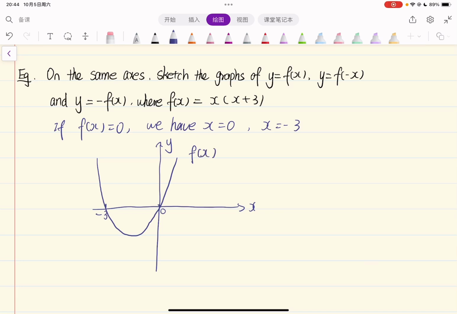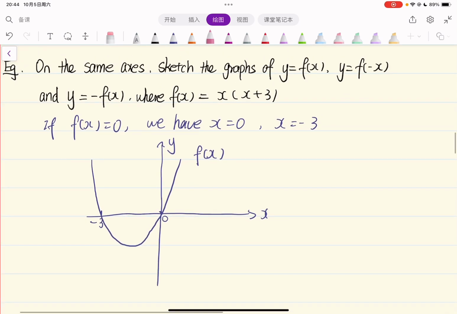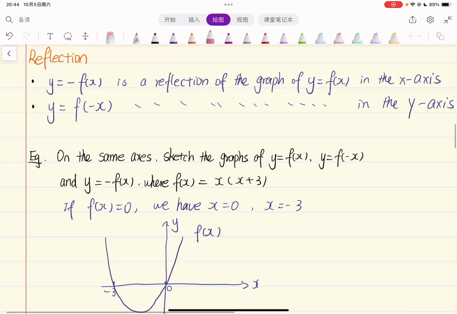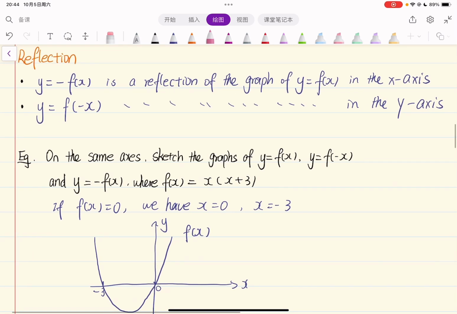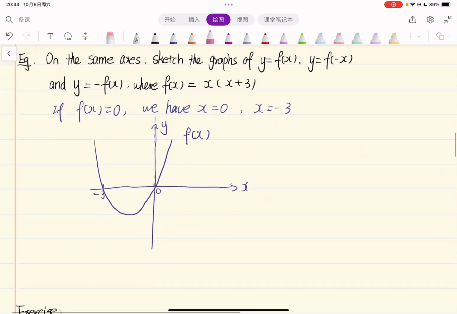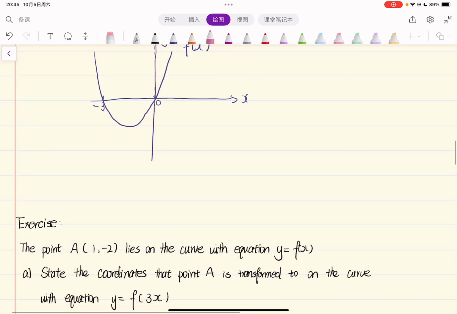Now for y equals f(minus x), let me use another color. The minus x is in the bracket. It's a reflection of the graph of y equals f(x) in the y-axis. So we do the reflection in the y-axis.